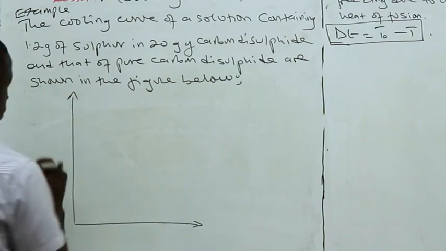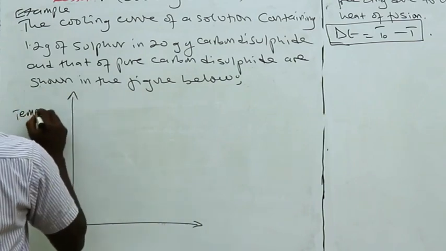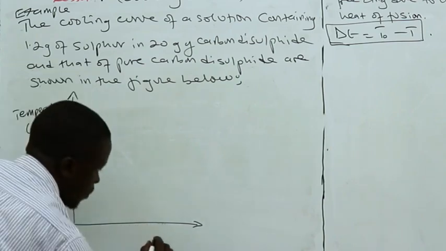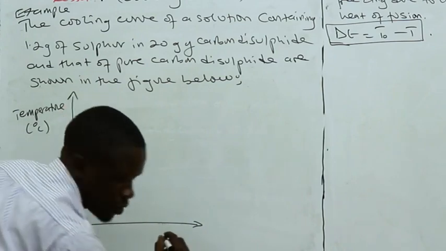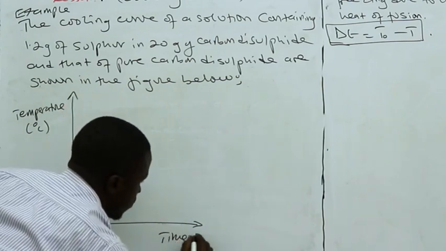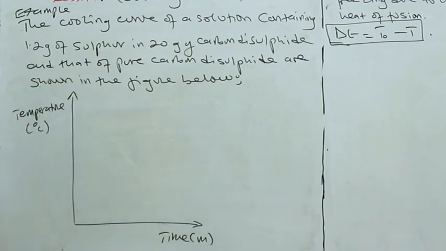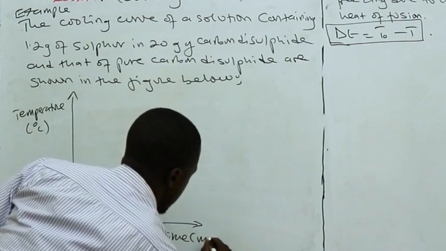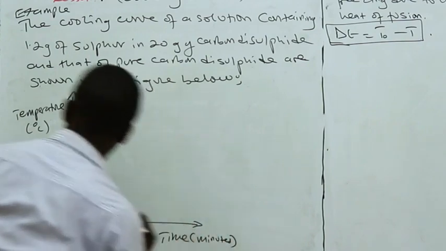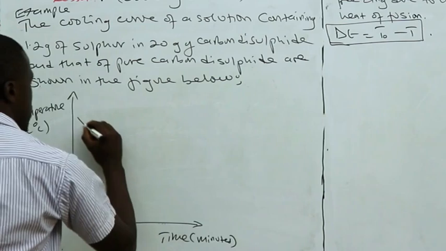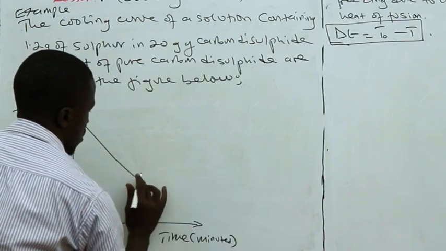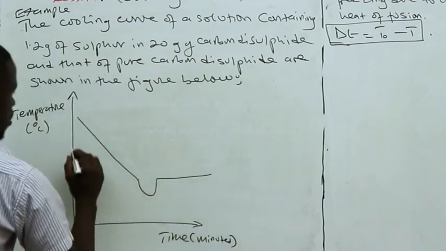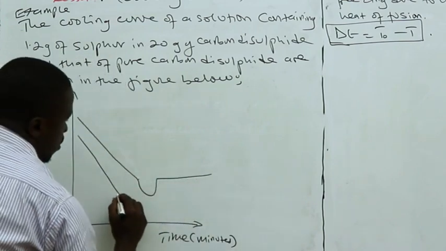So these are cooling curves. We have temperature here, and time in minutes here, and then we have these graphs, and another one.